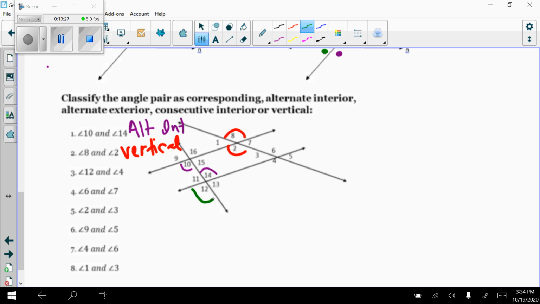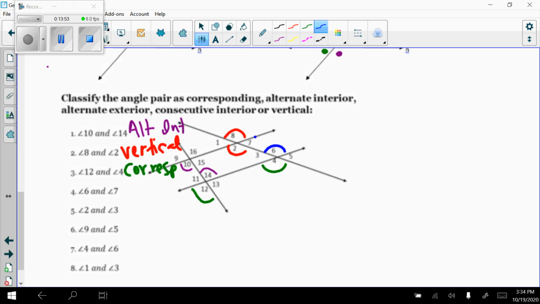So now let's look at 12 and 4. All right, so I see that they are on the same side of a transversal. So I know that they are not one of my alternate interior or alternate exterior. Okay, so they both sit to the right of this transversal below a line. So they're sitting in the same spot. These are corresponding. 6 and 7.